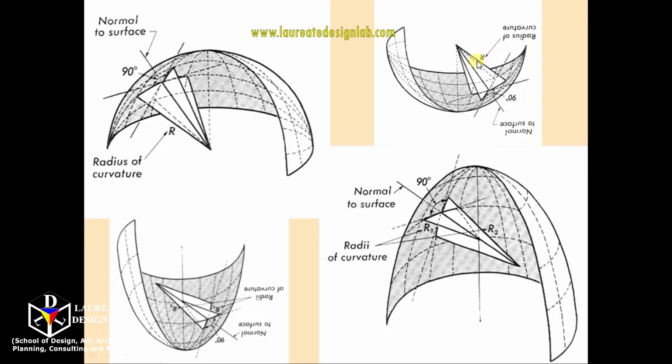If we call downward curvatures positive and upward curvatures negative, domes have positive curvature and dishes have negative curvature in all directions.